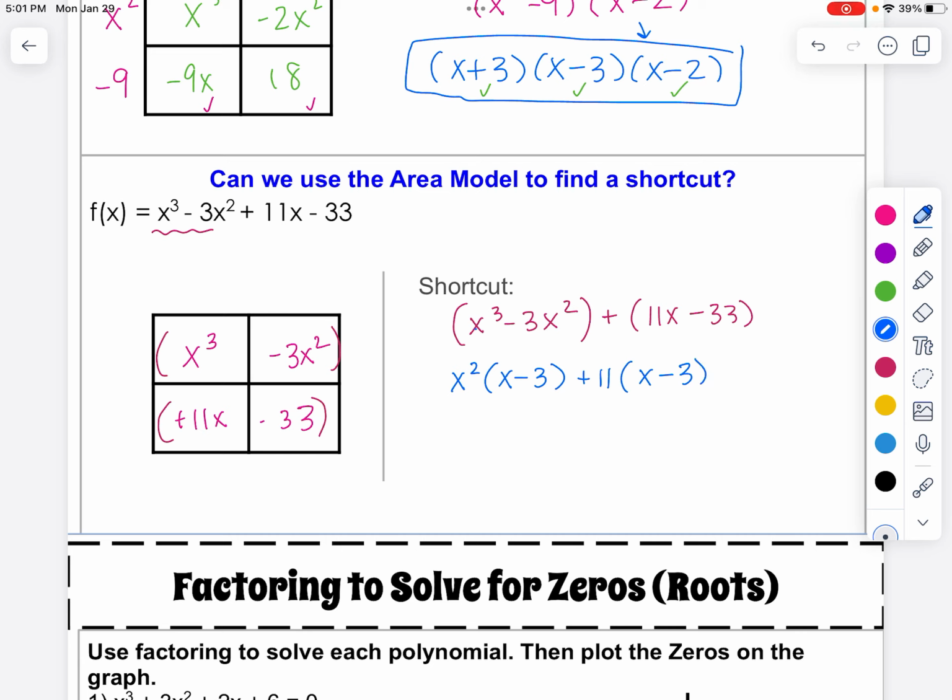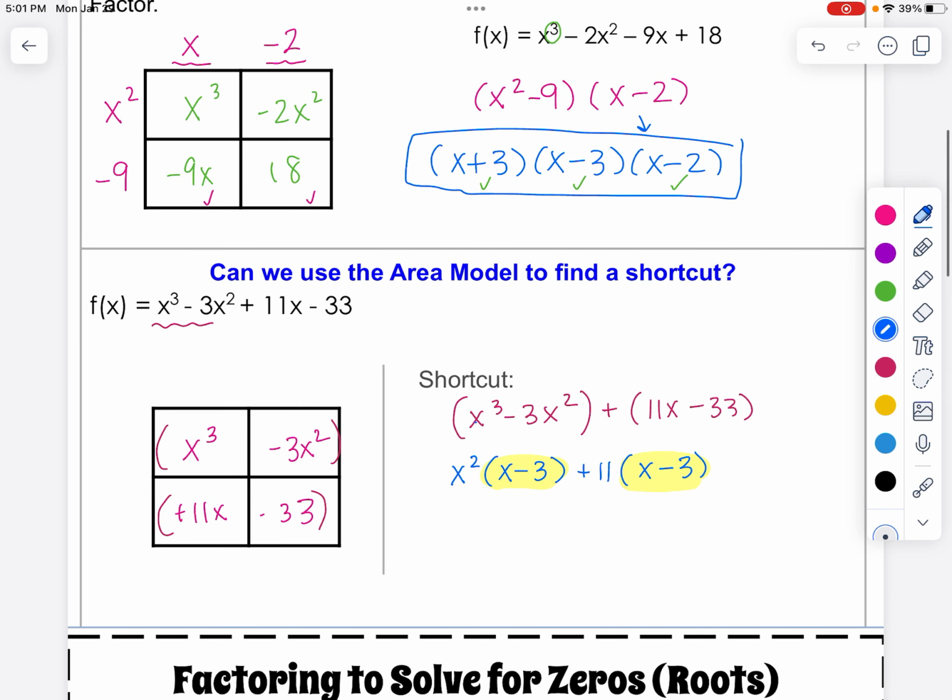Now, there is a little bit of a key to our shortcut, and that key is that when we factor out our GCFs, what we're left with in both of these parentheses has to be the same, okay? It has to be the same because that's what we would be left with when we factored out x squared from this line, or when we factored out negative 9 from this line, right?